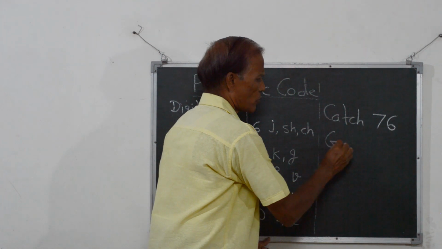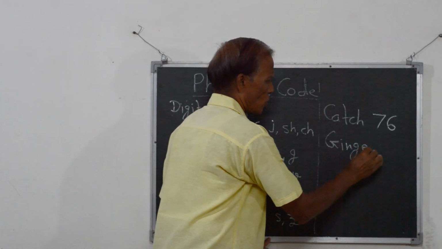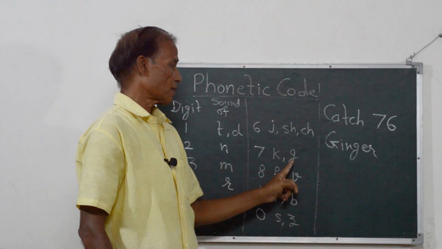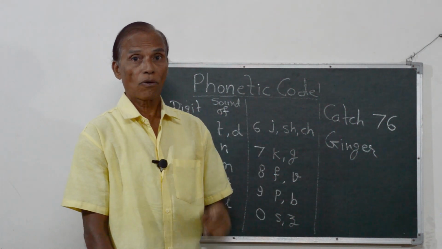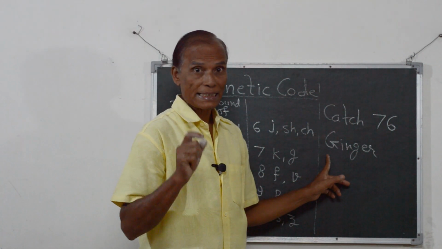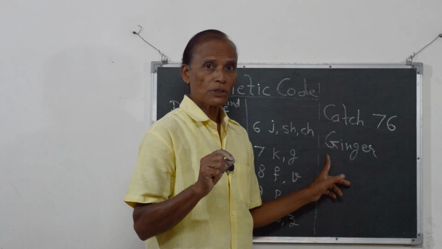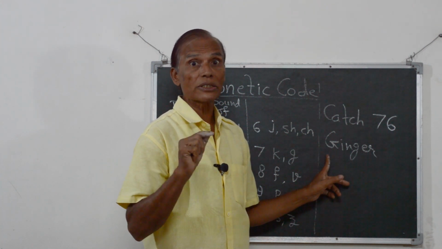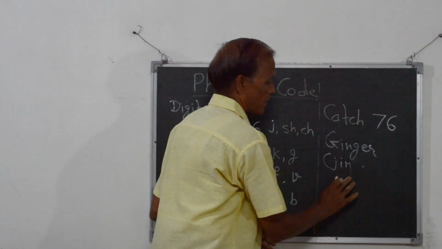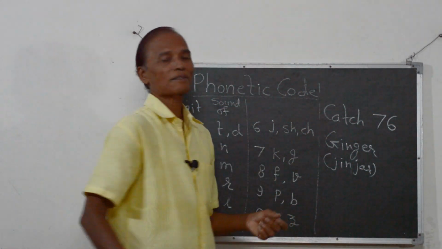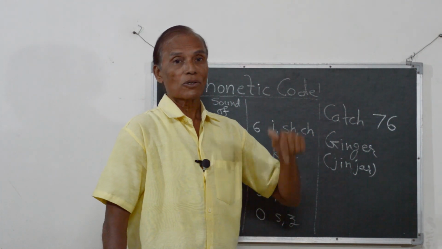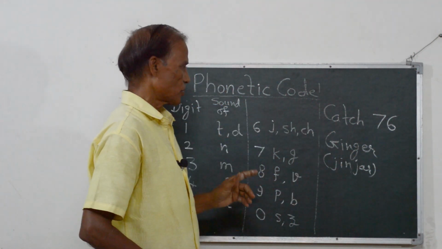I would like to tell you this word. Why? Because here there is G, but that will not get converted into 7. Note this. Because what is the pronunciation? See, this G is pronounced as J, ginger. Actually we pronounce it as ginger, like this. So there is a sound of J, not G. So what will be the conversion of ginger?